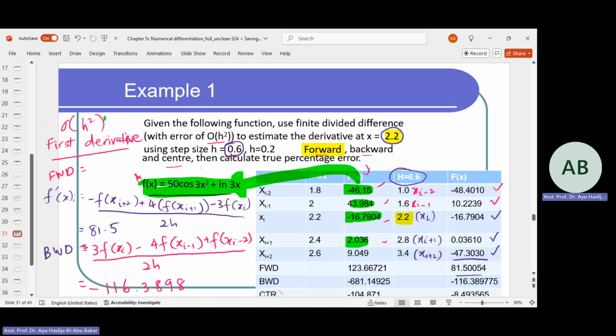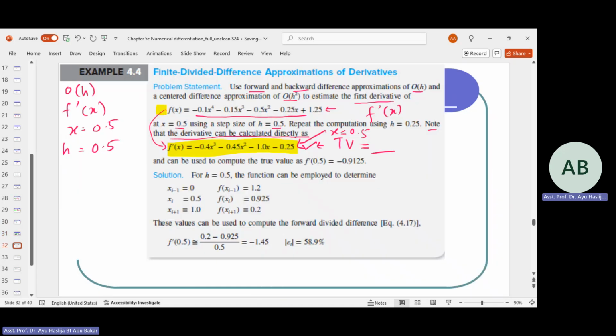No need to derive from the actual equation; use a calculator to find the true value. Usually 1 mark for the true value.